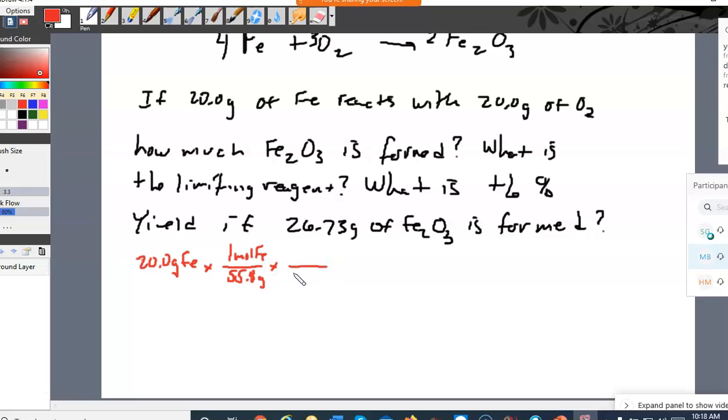And then this is a 4:2 ratio. And the mass of your final product, 159.6 grams, for 1 mole. And I get 28.6. Does that sound correct with you guys?